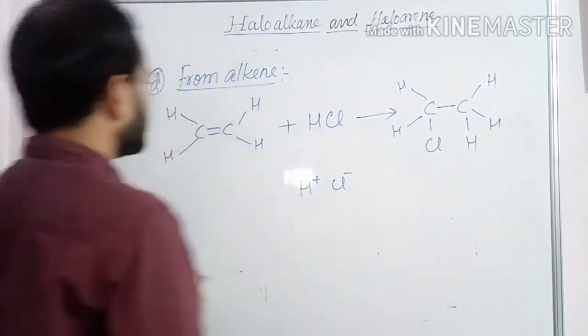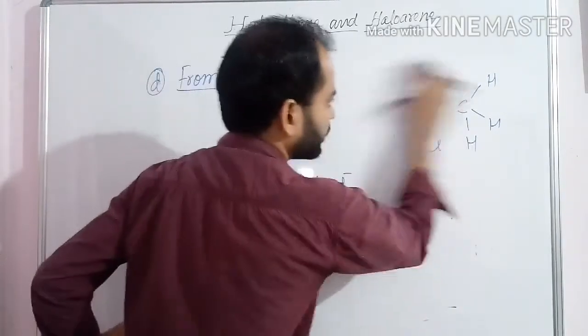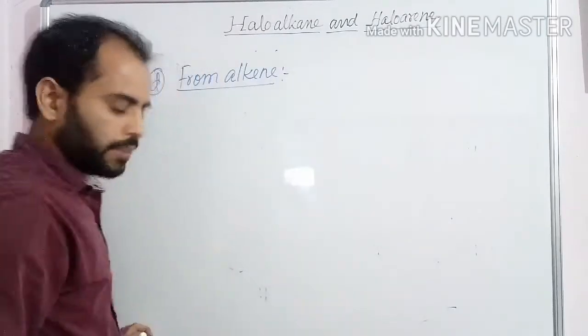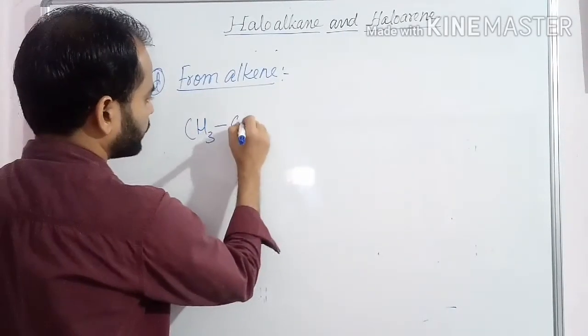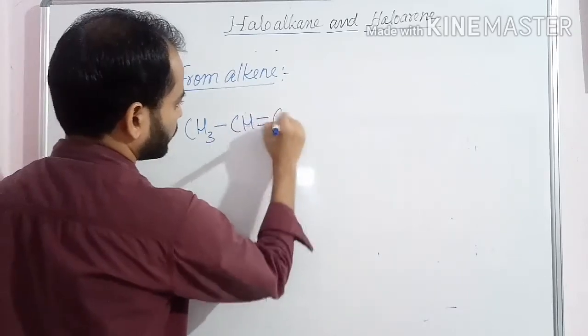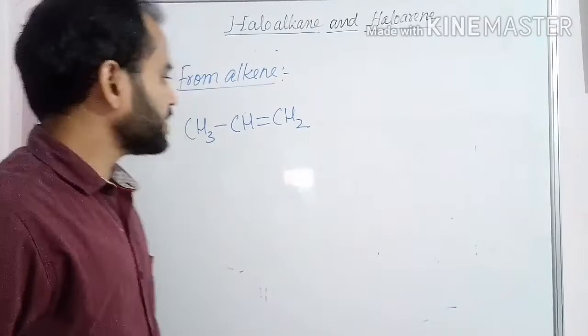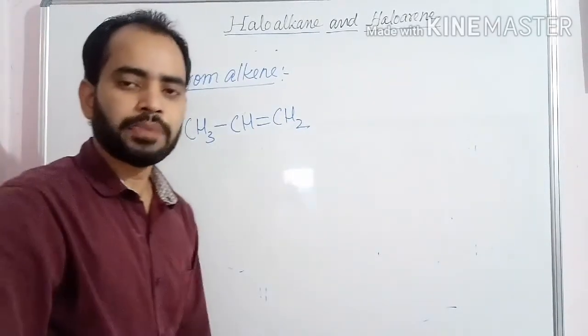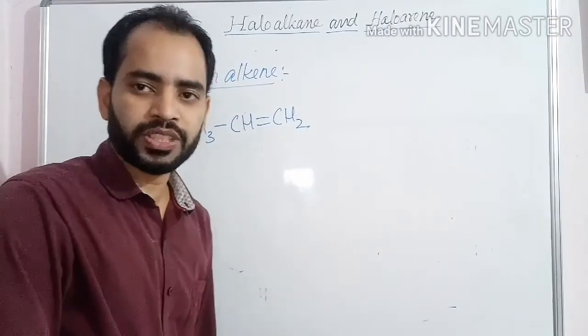Next you see, suppose there is an alkene, propene molecule. So this is unsymmetrical. Unsymmetrical means there is no plane of symmetry.